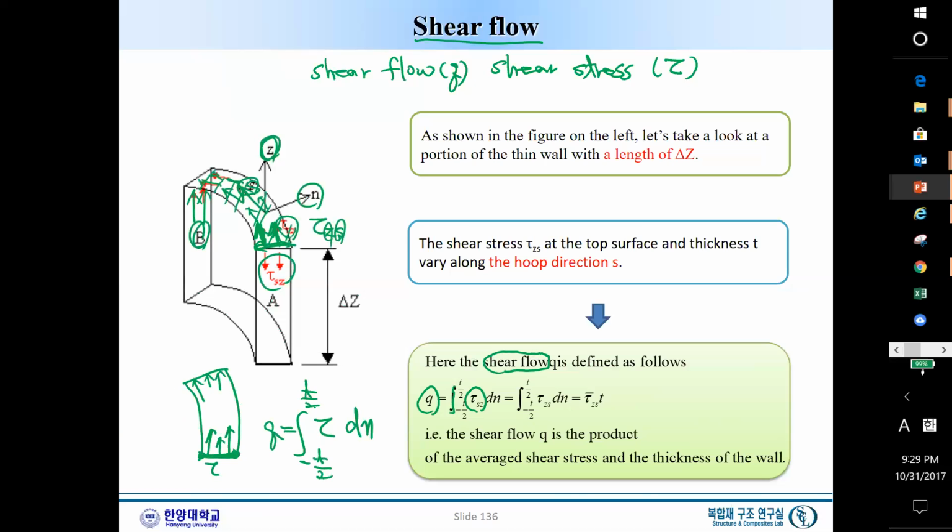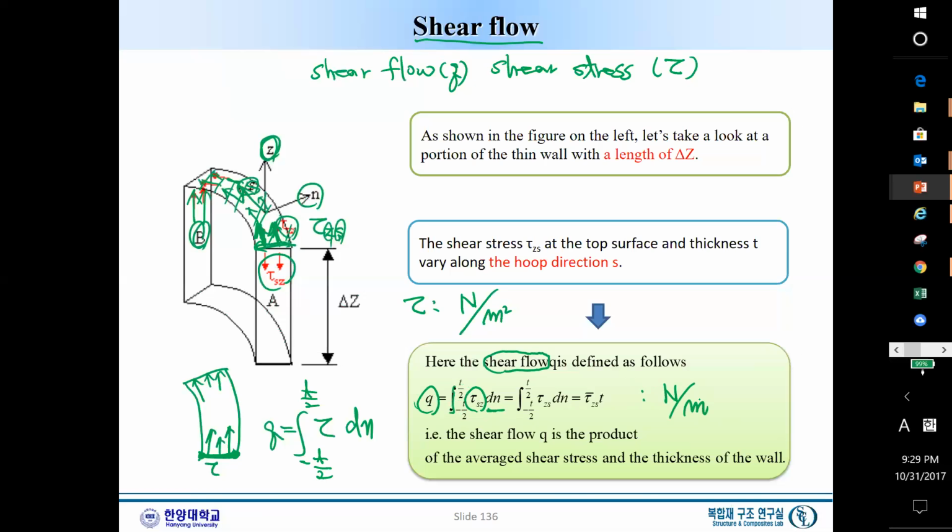Tau, as you know, is in Newton per meter squared, so it's a force per unit area. Now shear flow, since it is defined by integrating through the thickness, is in Newton per meter.